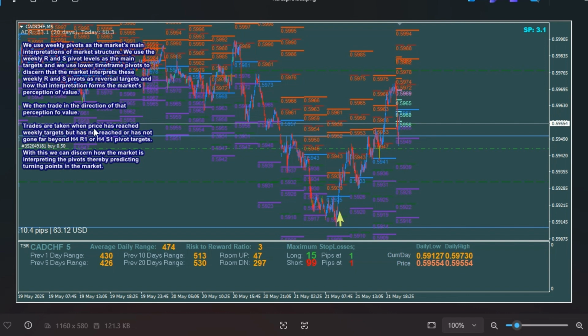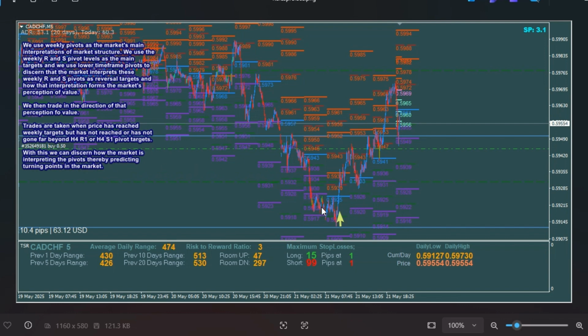Trades are taken when price has reached weekly targets, but has not reached or has not gone far beyond H4R1 or H4S1 pivot targets. With this, we can discern how the market is interpreting the pivots, thereby predicting turning points in the market. So let's explain that.